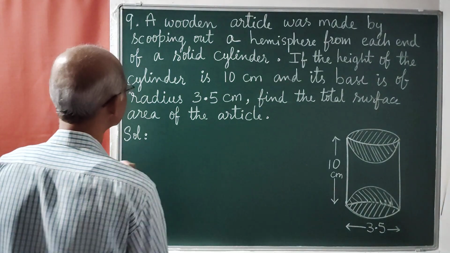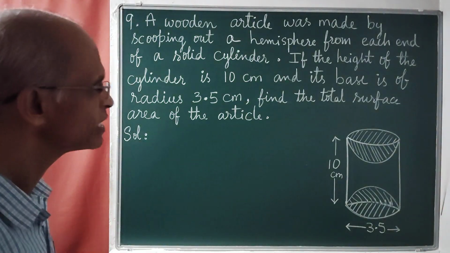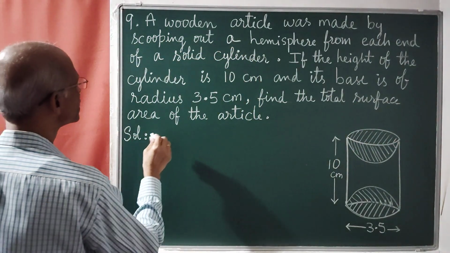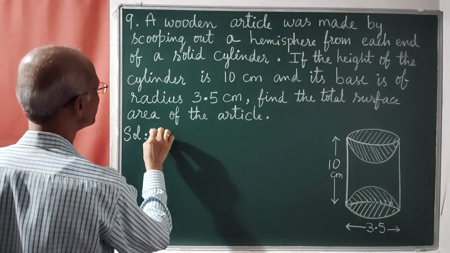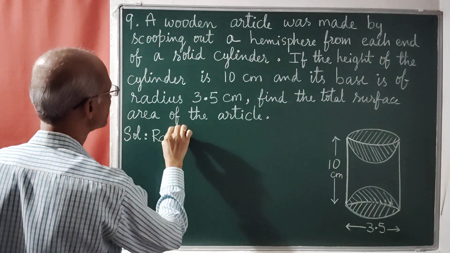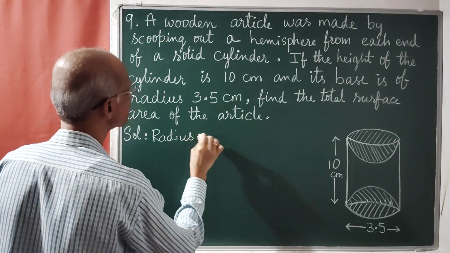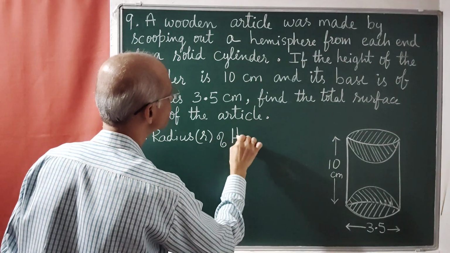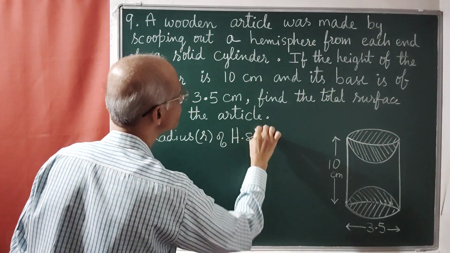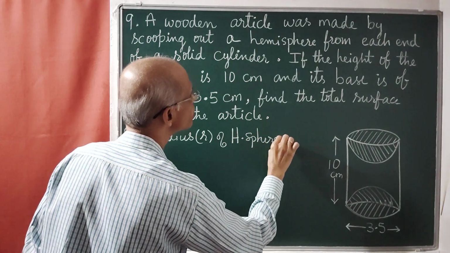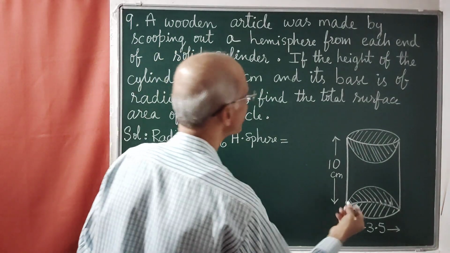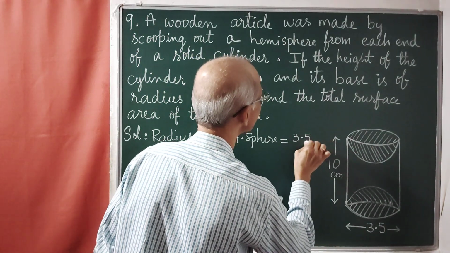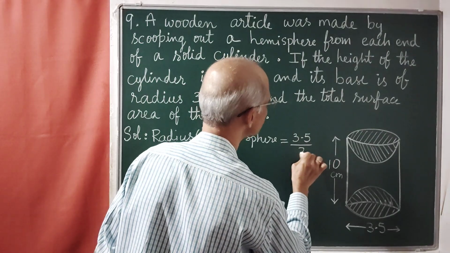Now, first we'll find out the CSA of the hemisphere. Radius of the hemisphere is equal to 3.5.